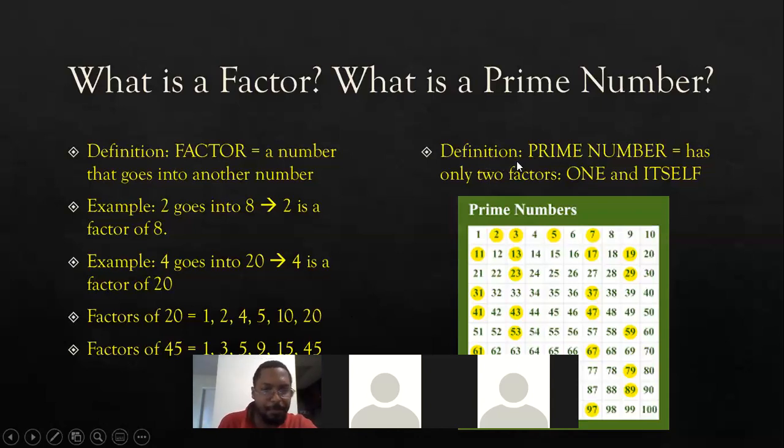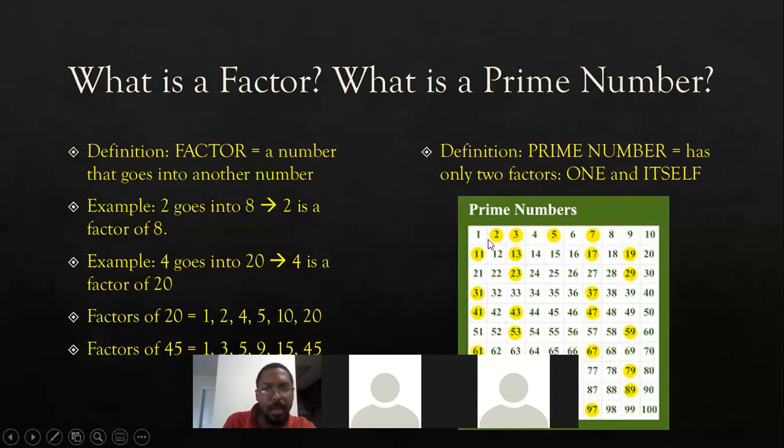Now we do definition. Second definition, prime number. A prime number is defined as a number that has only 2 factors. Only 2 numbers go into it. Nothing else. 1 and itself.